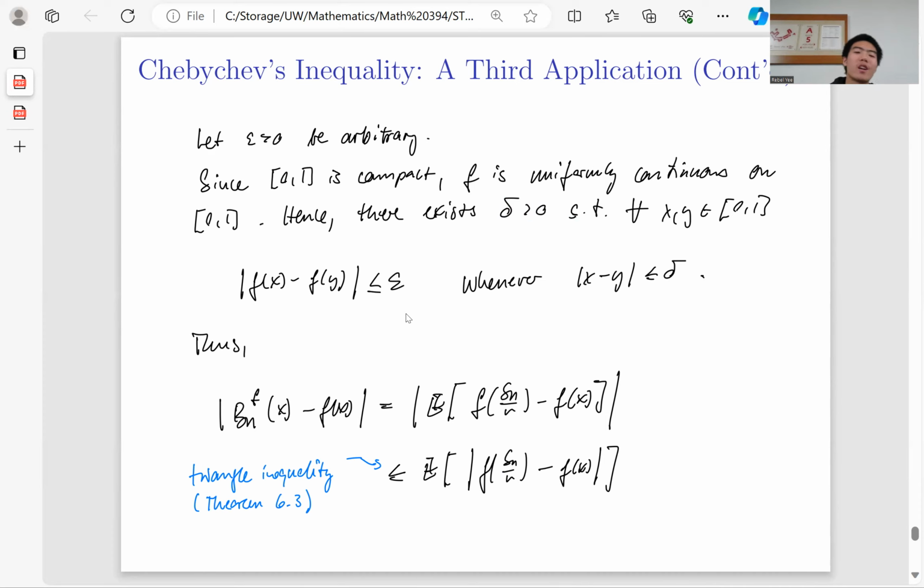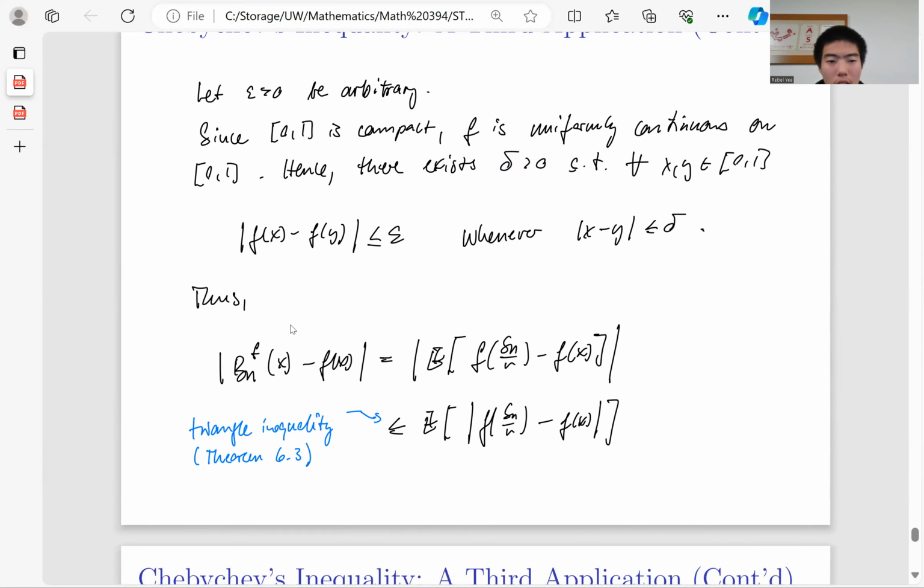The epsilon can be any number, so it's not fixed here, but the delta is fixed. So in this case, we can separate this. It turns out it's just equal to the expected value of |f(Sn/n) - f(x)|.